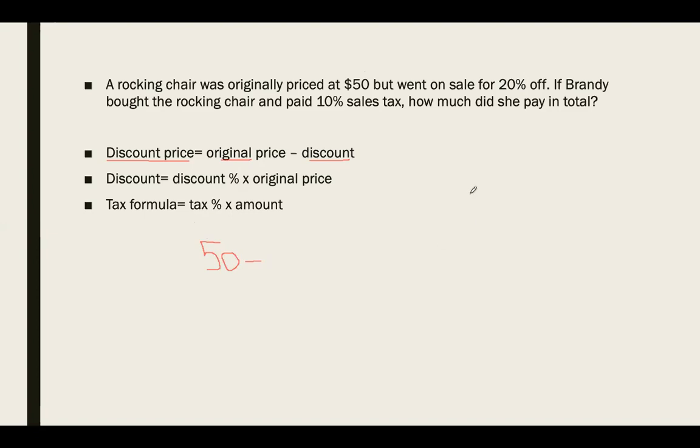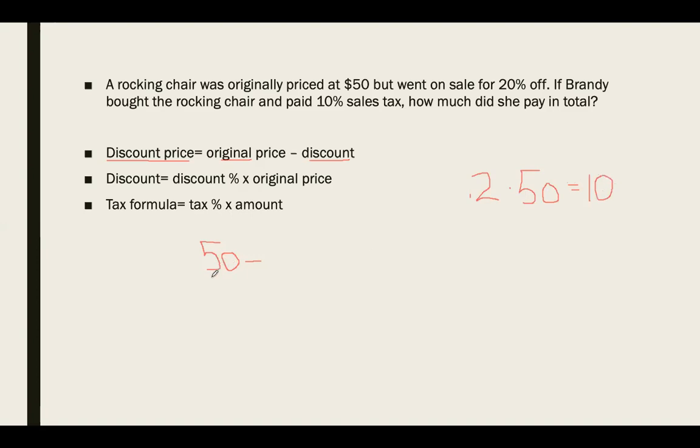So 0.2 times 50 is equal to, plug that into your calculator. I know it may seem easy, but sometimes it's very easy to get mixed up with these small numbers. So 0.2 times 50 is equal to $10.